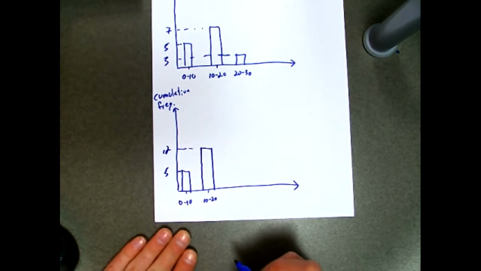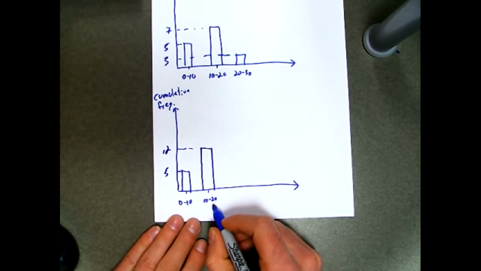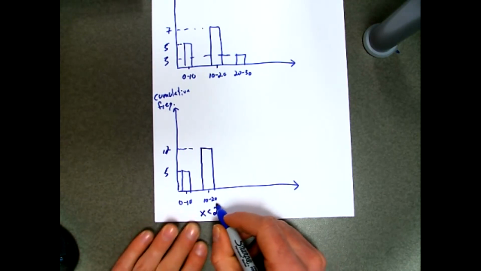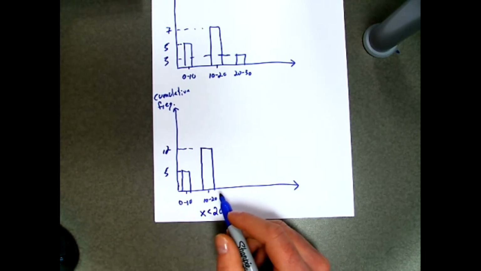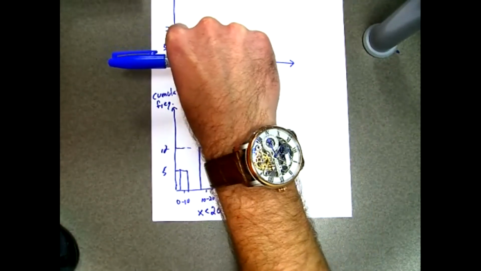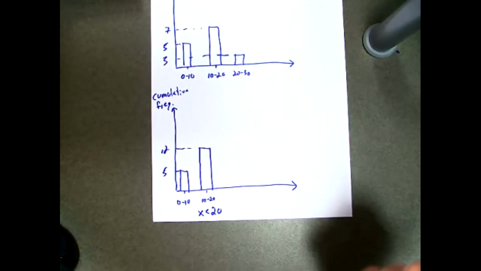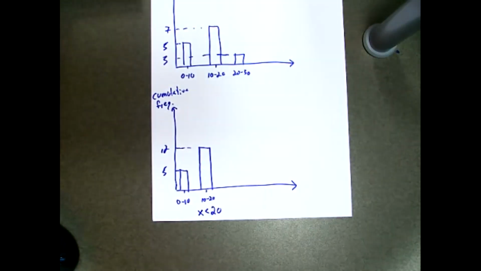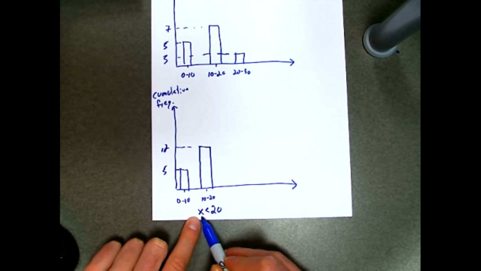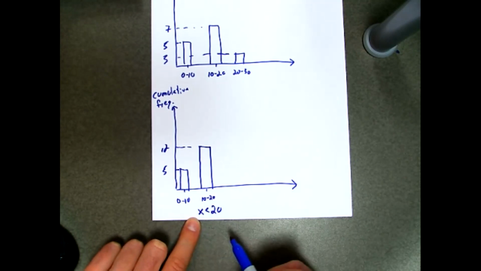Or another way of thinking about cumulative frequencies is, what I'm really saying is how many observations are less than the maximum of this bin, right? How many observations are between 0 and 10, and between 10 and 20? I'm adding up the frequencies of every bin below it. So the cumulative frequency is telling me this is the number of observations below 20.